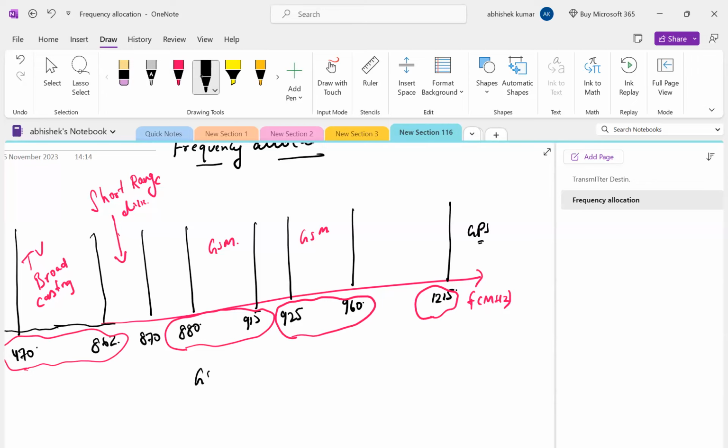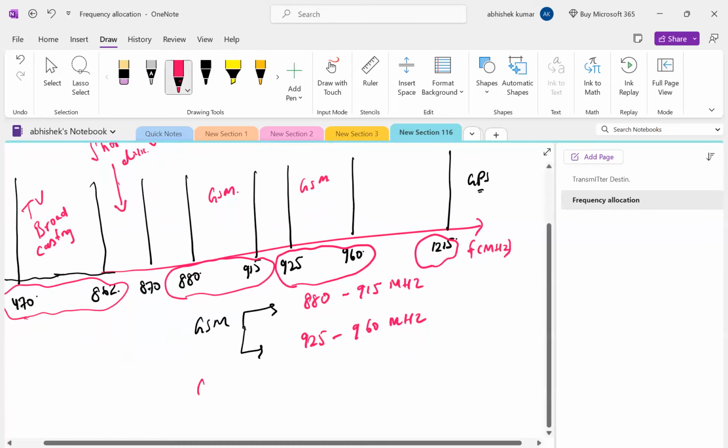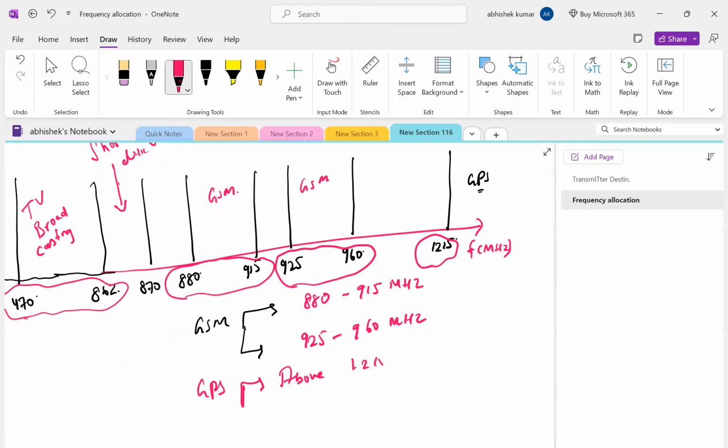Generally this may come in your quizzes also: 880 to 915 megahertz and 925 to 960 megahertz is GSM, and GPS is above 1.2 to 1.5 gigahertz.